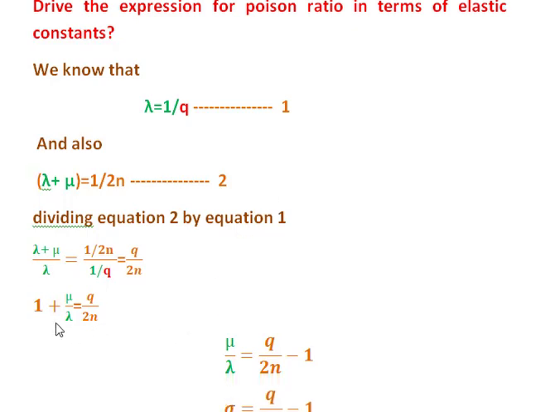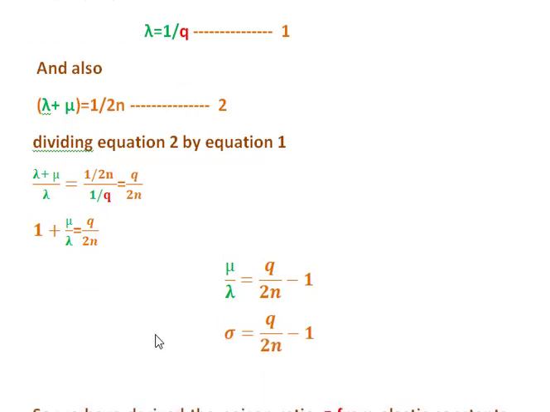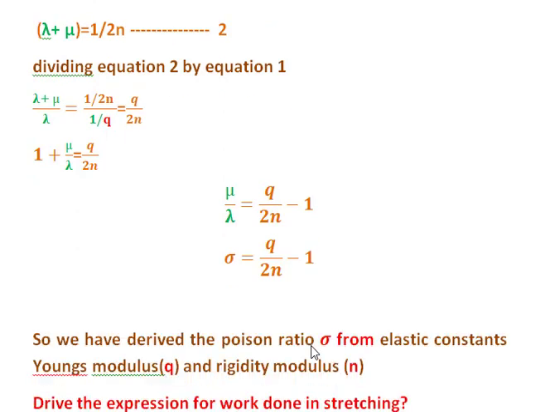You get 1 plus mu by lambda is equal to q by 2n. And then on simplifying, we get sigma is equal to q by 2n minus 1. So it is the expression for the Poisson ratio in terms of elastic constants.